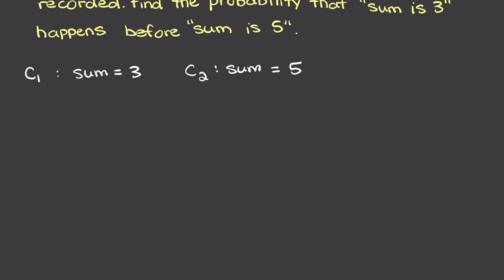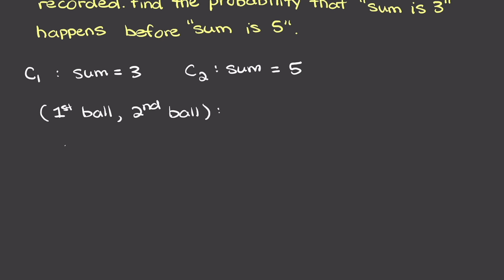So let's say here we have the first ball number and the second ball number. So what can these be?